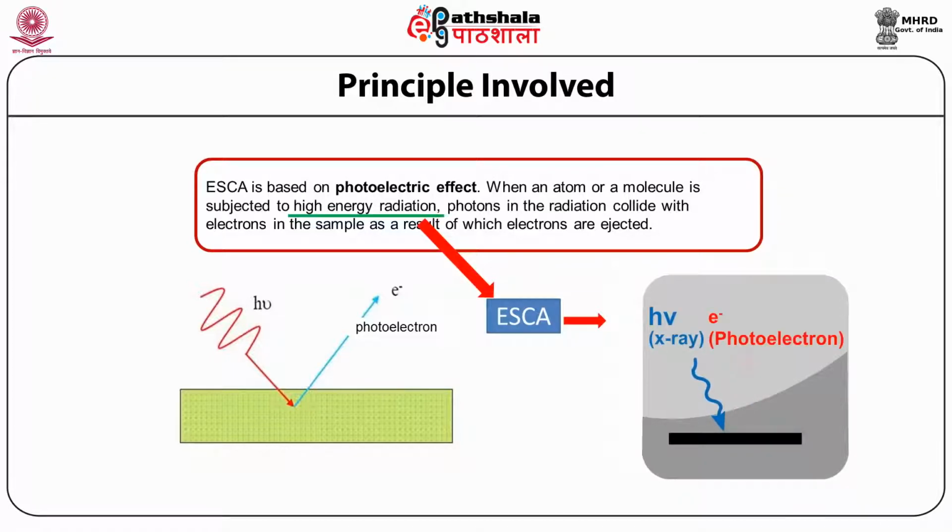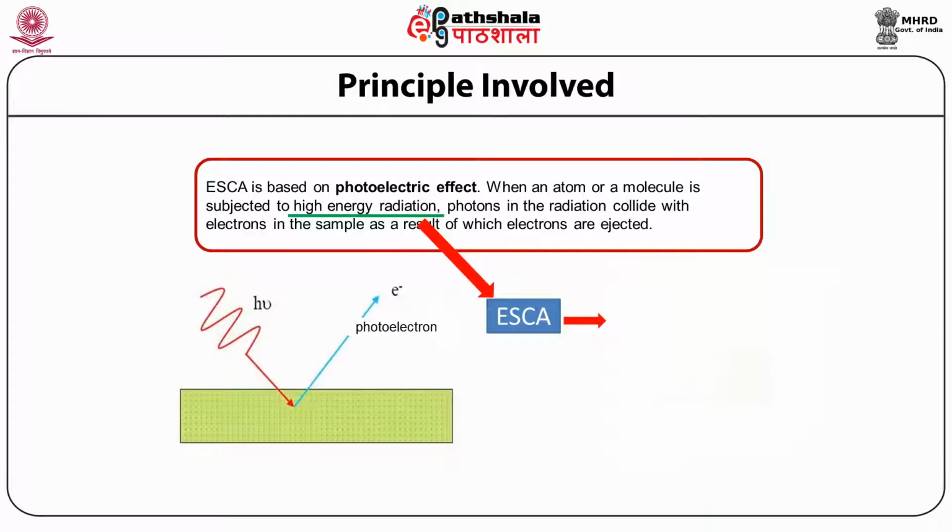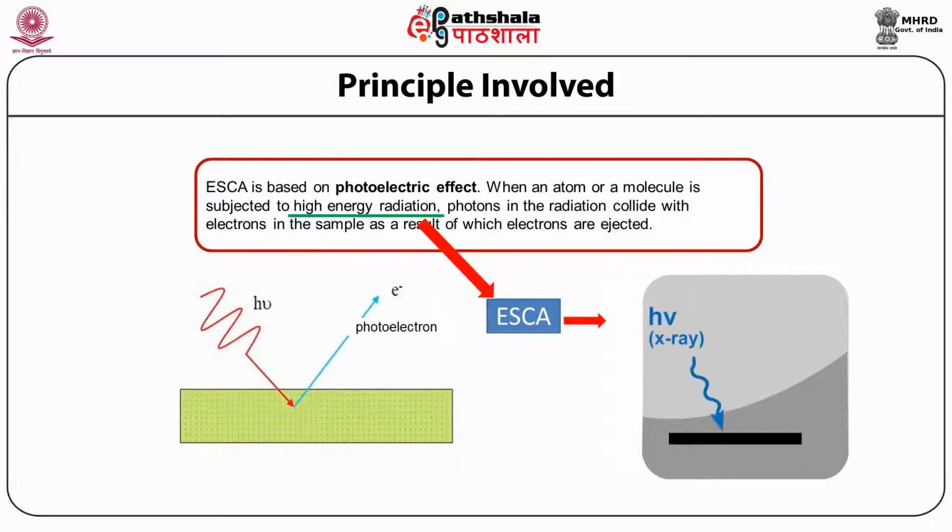The principle involved in this spectroscopic analysis, as we have said earlier, is that ESCA is based on the photoelectric effect. When an atom or a molecule is subject to a high energy radiation, photons in the radiation collide with the electrons in the sample, as a result of which electrons are ejected out.